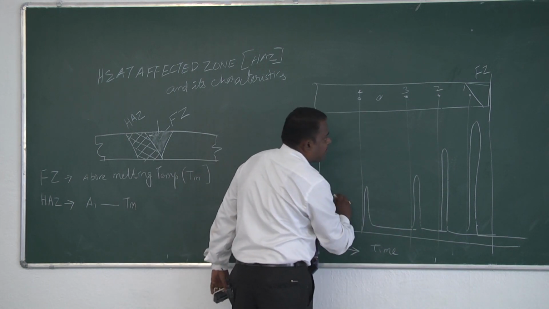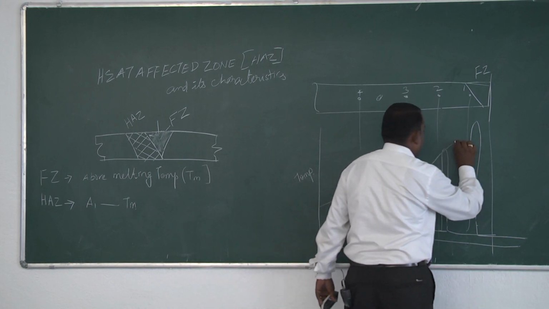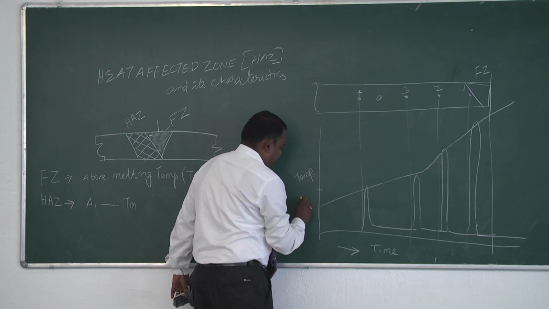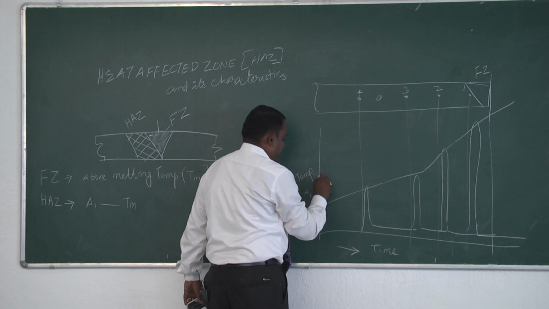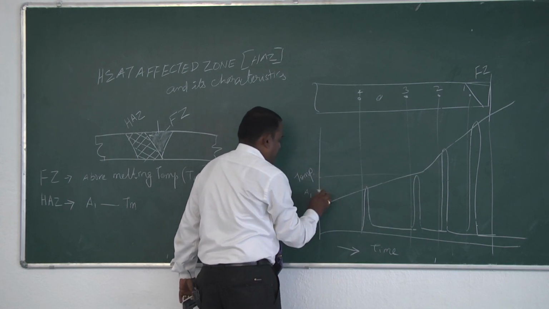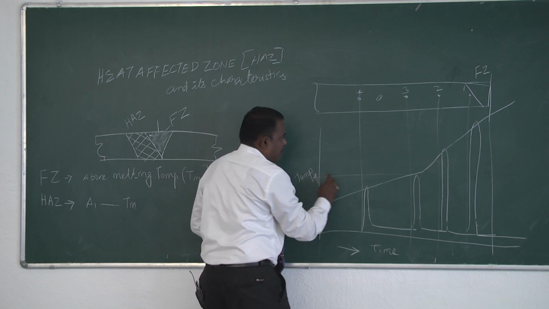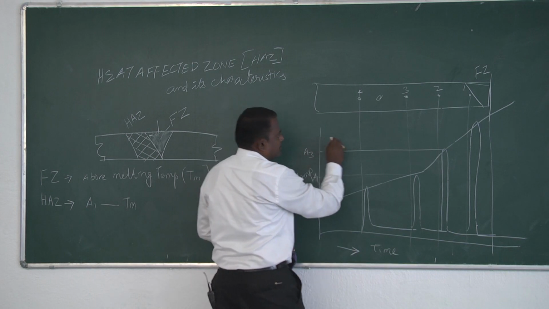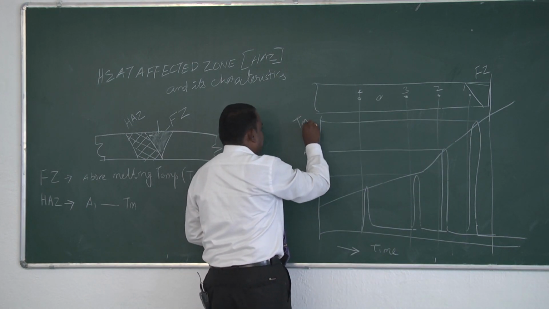This is the locus of the peak temperature curve. Now, this may be the temperature range less than A1, this is your A1, this is your A3, and this is your Tm, the melting temperature.